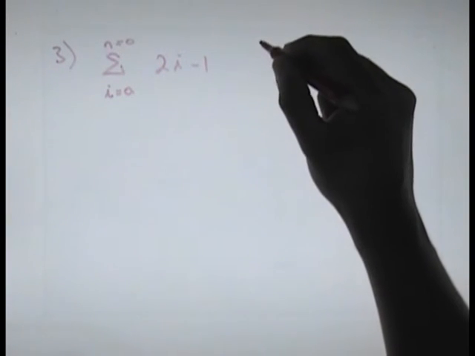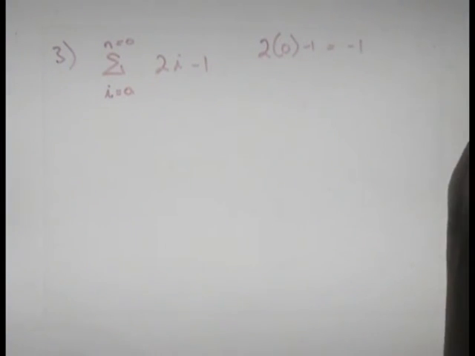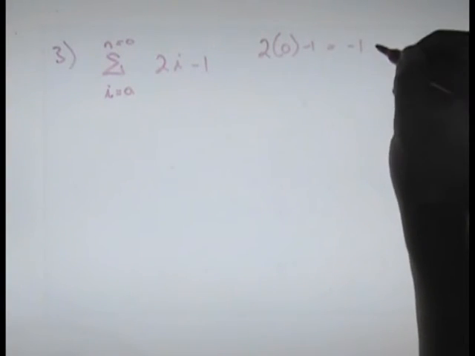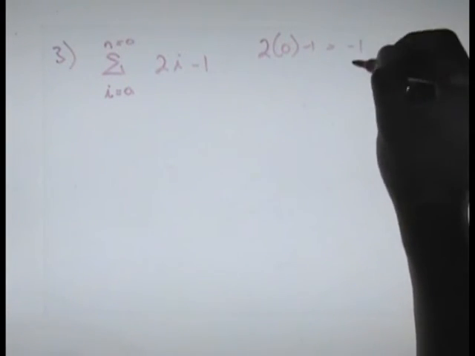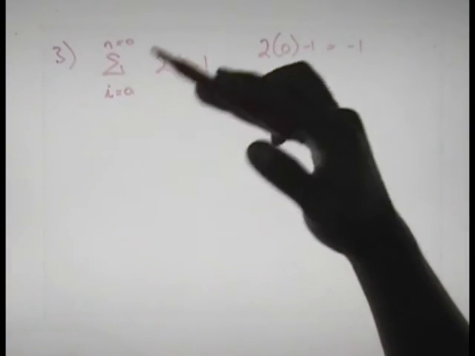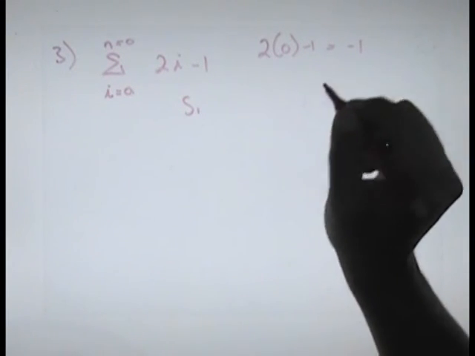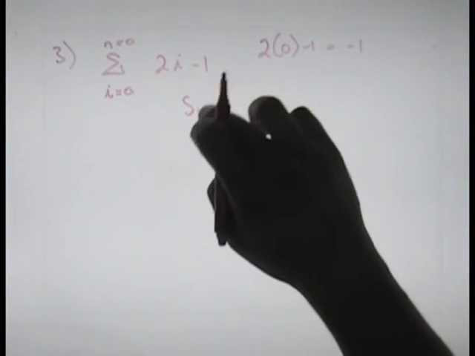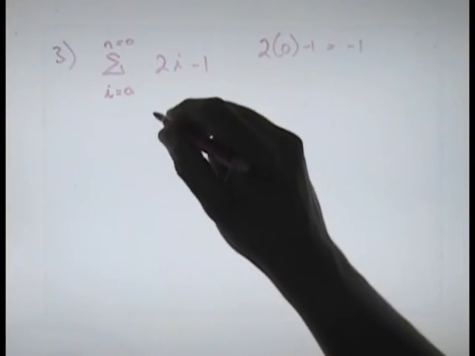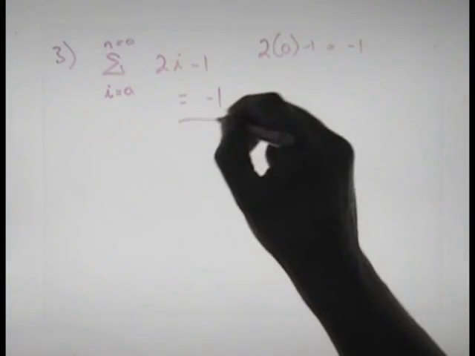So our first term is 2 multiplied by 0 minus 1, which is equal to negative 1. And we're stopping at n is equal to 0, so we only have one term. 0 minus 0 is 0, plus 1 is 1, so we are looking for sum of 1 term. We don't need to do this whole formula though. We only got one term. That means that that whole thing is equal to negative 1, and that is our answer.